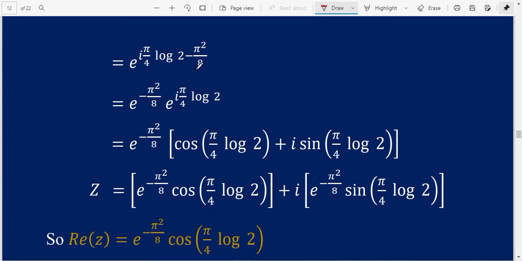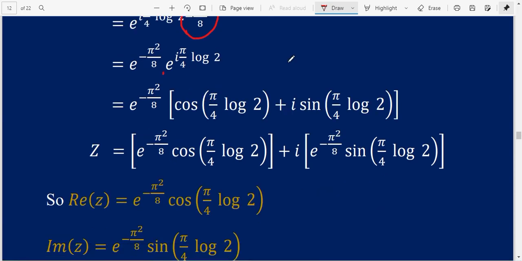So e raised to minus pi square upon 8 into e raised to i pi by 4 into log 2. So e raised to i theta is equal to cos theta plus iota sin theta, so theta is equal to pi by 4 log 2.